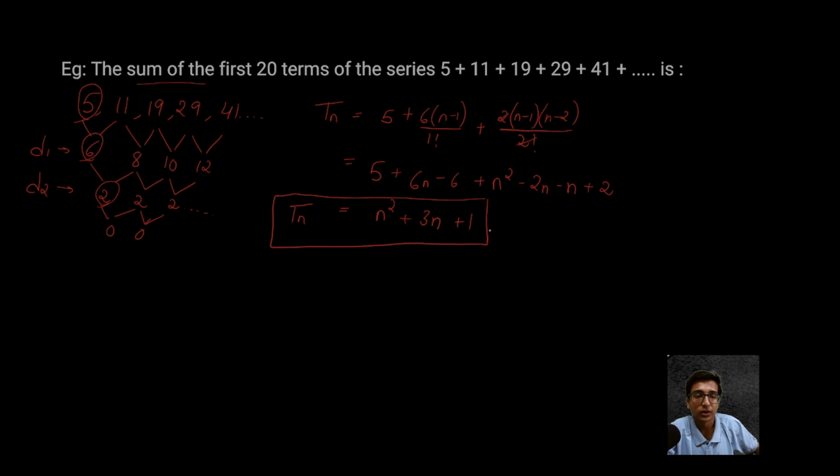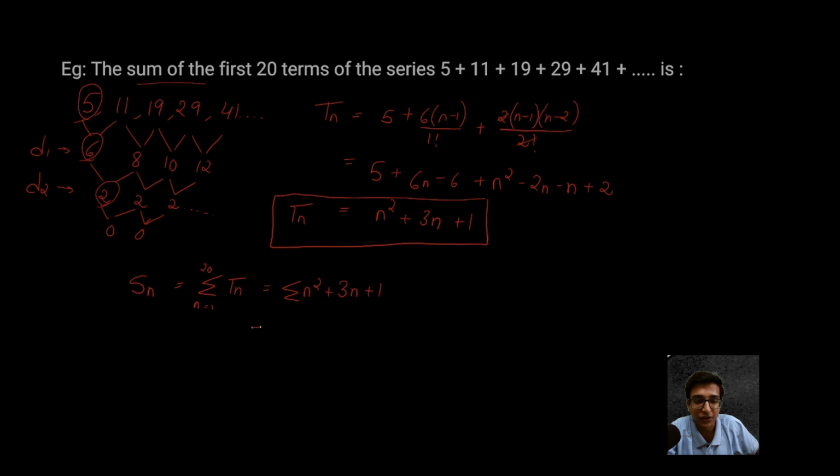Now to find the sum of n terms of the series, Sn, we can write it as the summation of Tn, where n goes from 1 to 20, since 20 has been given to us. So this we can write as the summation of n square plus 3n plus 1.